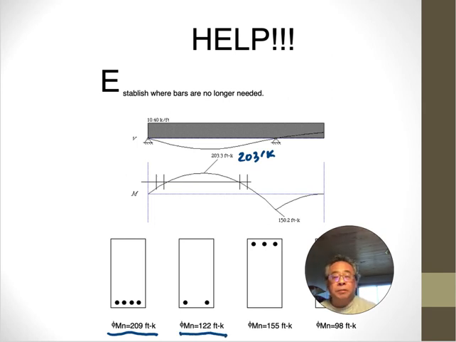Okay, you do T equals C, solve for A, Z is D minus A over 2, Mn is T times Z, Phi Mn is 122 foot kips. What you do is you find 122 foot kips, you come across, and you find where on your moment diagram you have 122 foot kips.